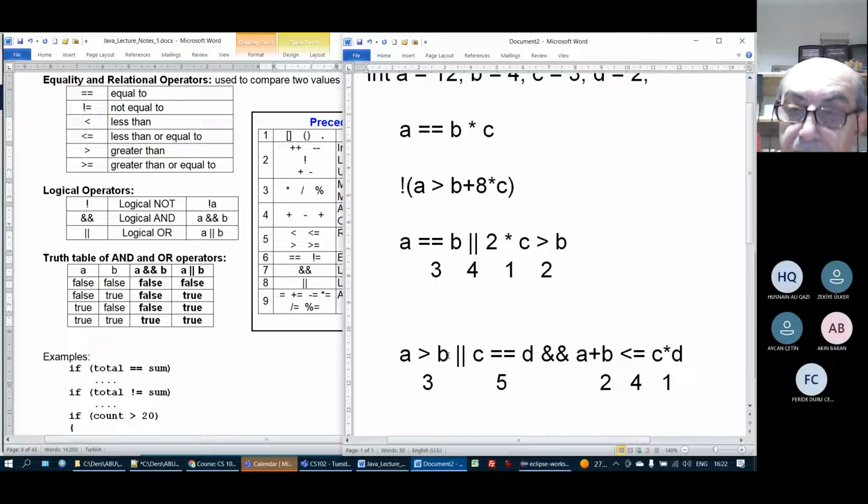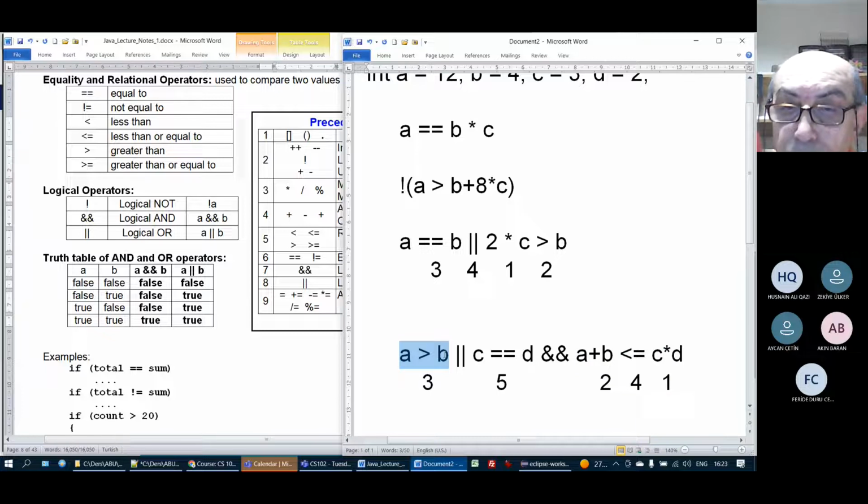Now we are only left with OR and AND. From A greater than B, after the third step, we have a true or false value. After the fifth step, from C equal to D, we have either true or false. And from here, after the fourth operation, comparing A plus B with C multiplied by D with less than or equal to, we have a true or false for that part.